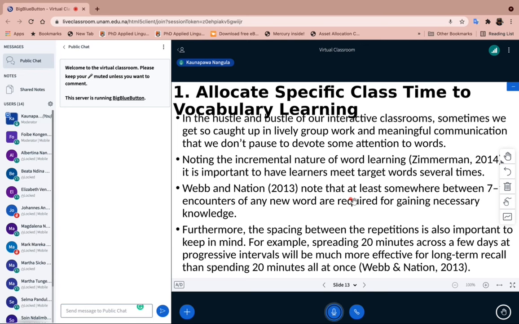The advice is that, let's say today you are teaching students 5 words, 5 new words. Don't just spend over 45 minutes or over 20 minutes one time hoping that they will understand and know these words.